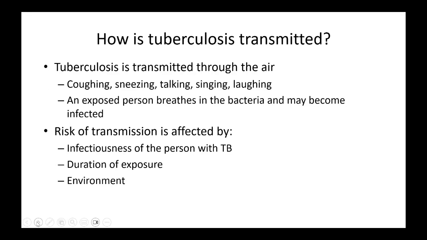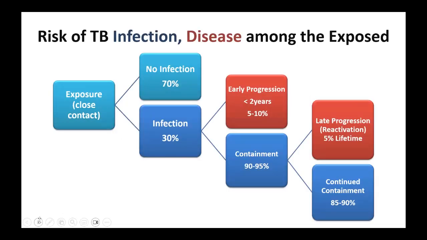So the key point, and I think this would have come out already, is that TB is transmitted through the air: cough, sneezing, singing, laughing. And they may become infected. The risk of transmission is affected by the infectiousness of the person with TB, the duration of the exposure, and the environment.